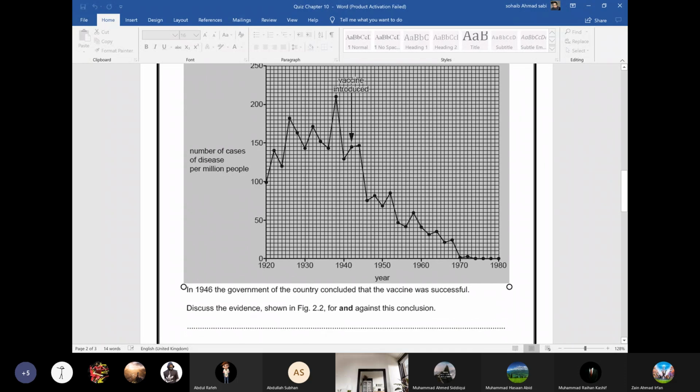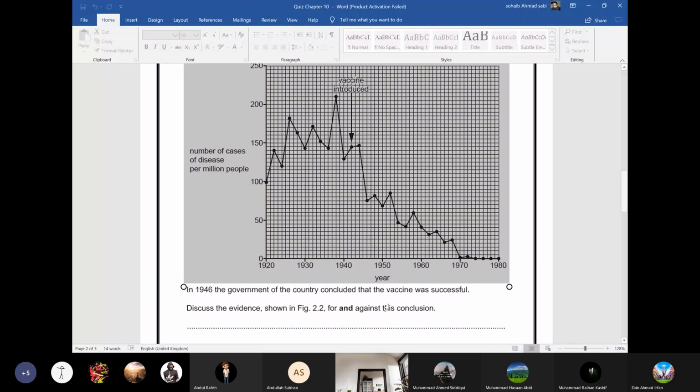Now, in 1946, the government of the country concluded that the vaccine was successful. Discuss the evidence shown in figure 2.2 for and against this conclusion.